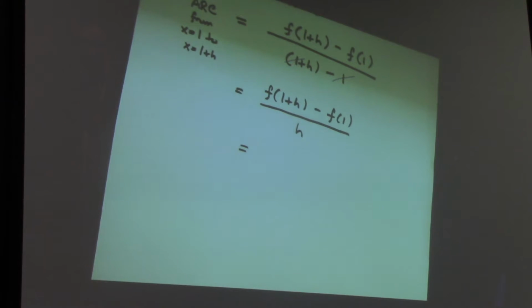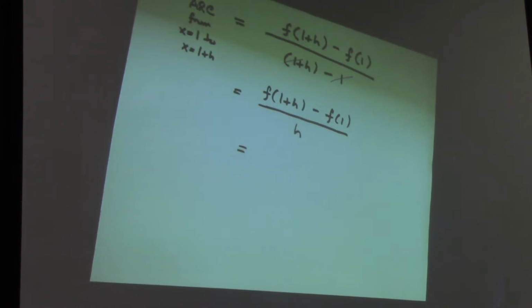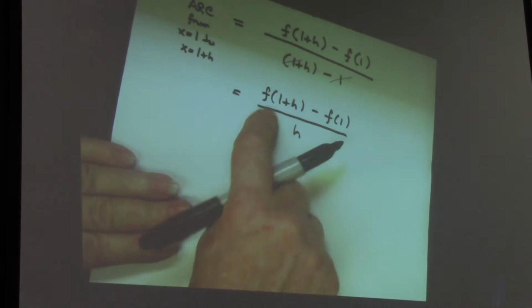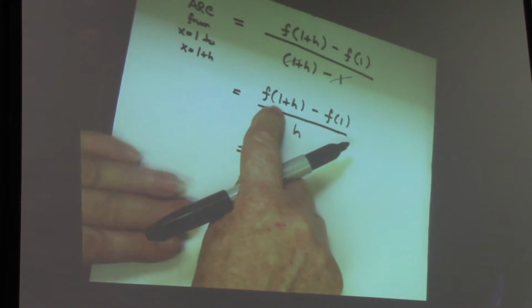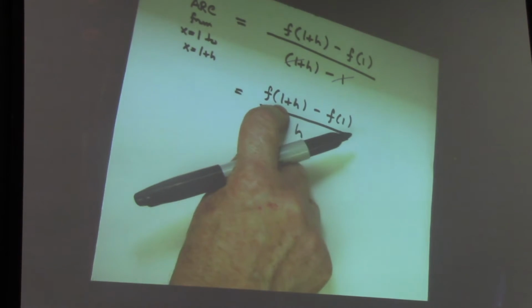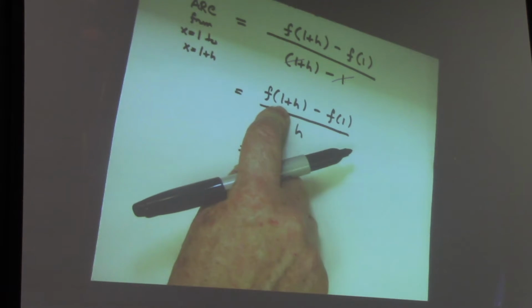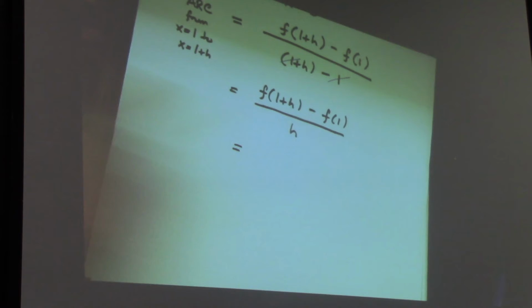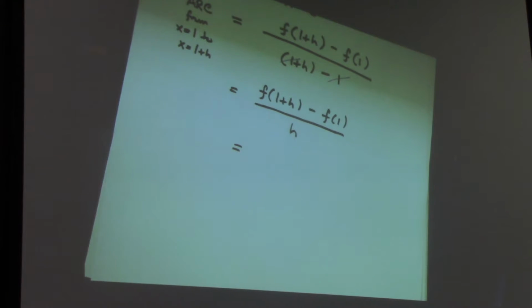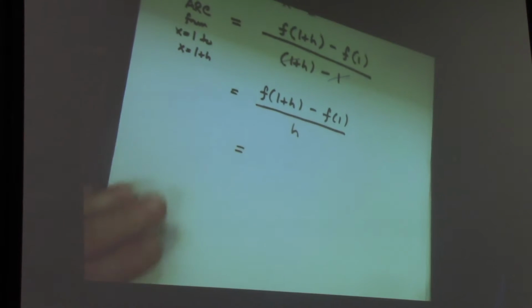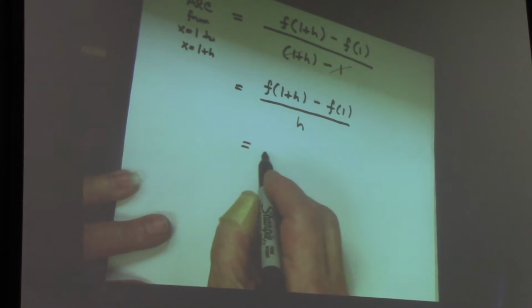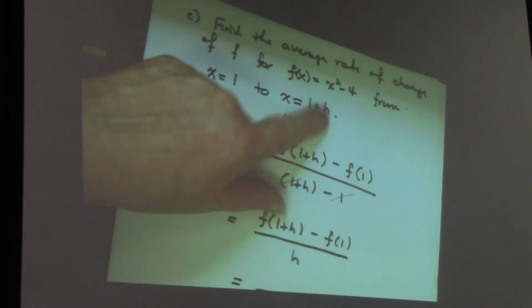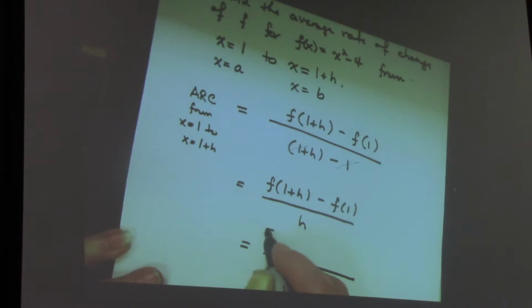Does that look like anything we've done? It's like a problem we have been looking at, except the ones we've been looking at have been a bit more general. They've been f of a plus h minus f of a over h, but this is just a particular case of that. So I still have this function, f of x equals x squared minus 4.